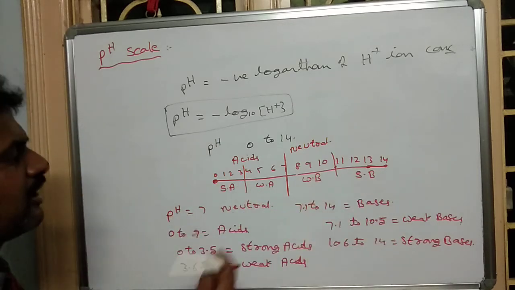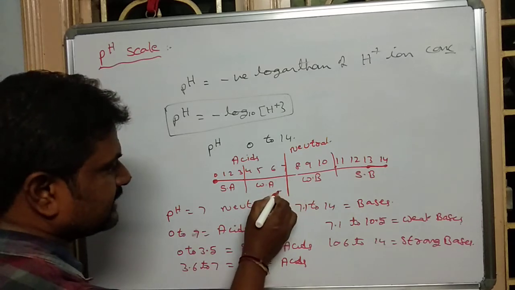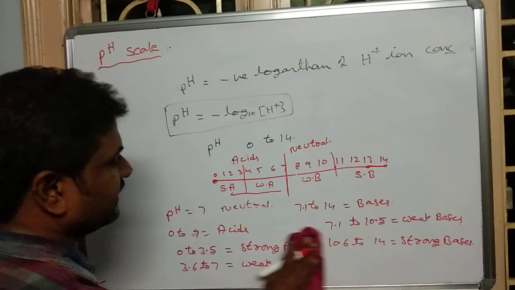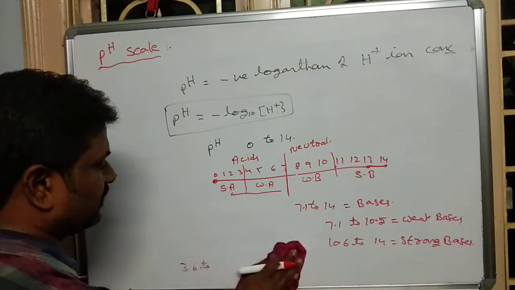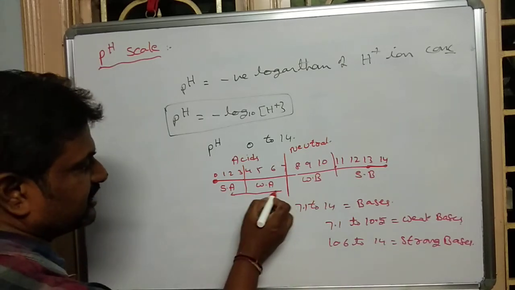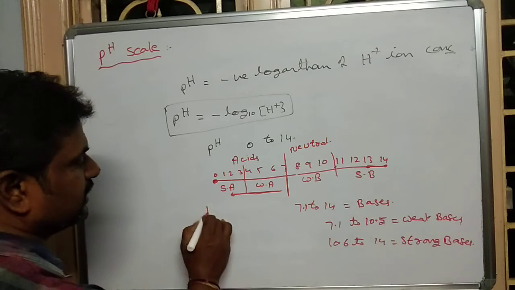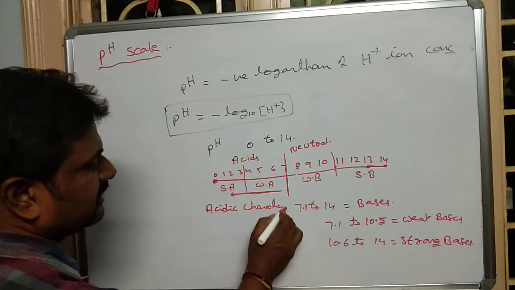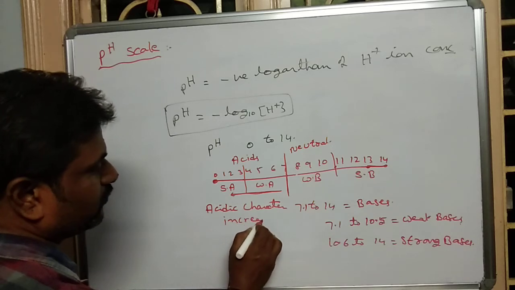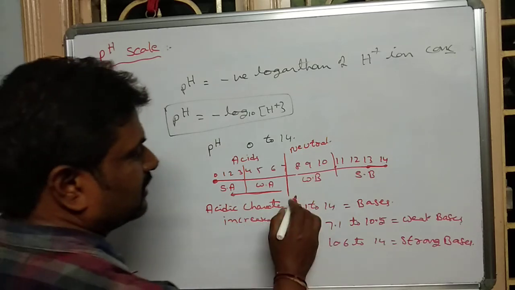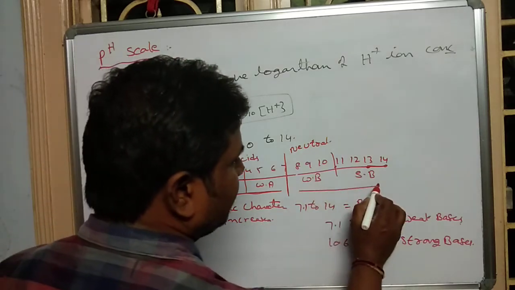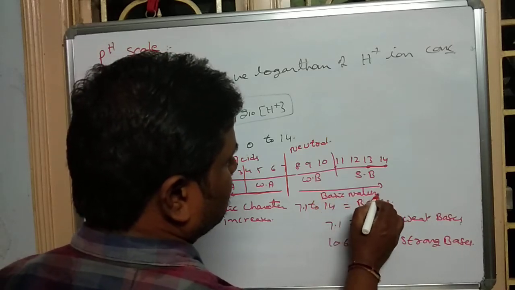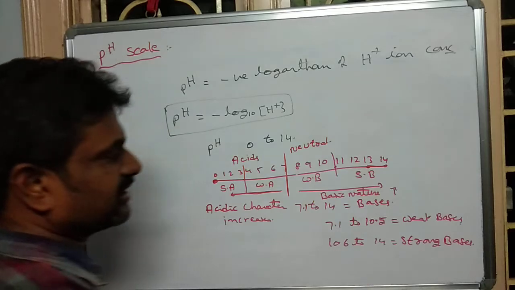Here, as the pH values decrease from 7 to 0, the acidic character increases. The pH values going from 7 to 14, the basic nature increases.